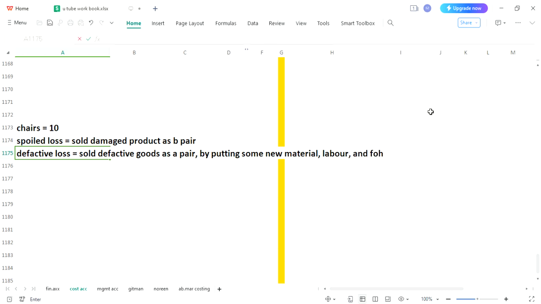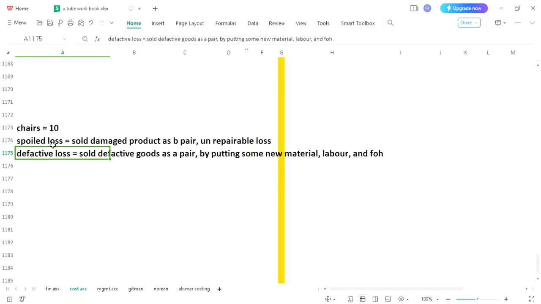So spoiled loss was not a repairable loss. Another thing we can mention, that damaged chair would not be repairable. That was an unrepairable loss.